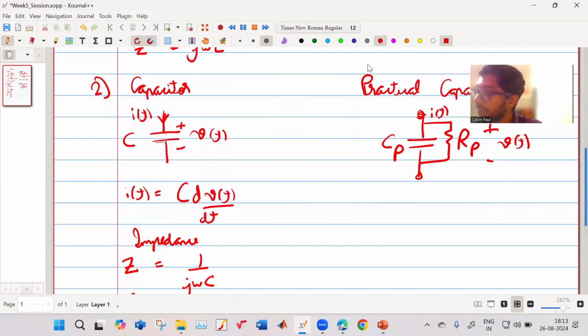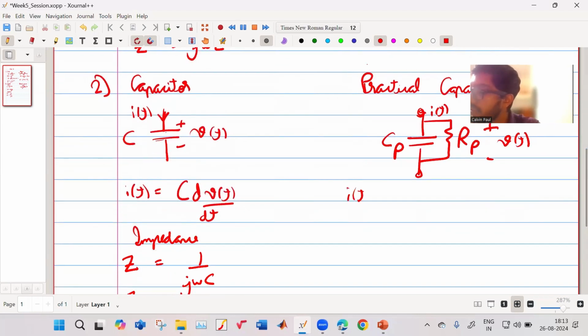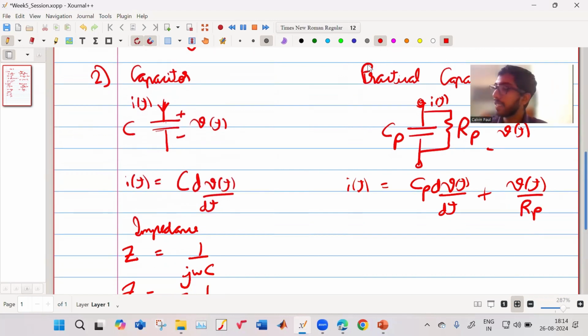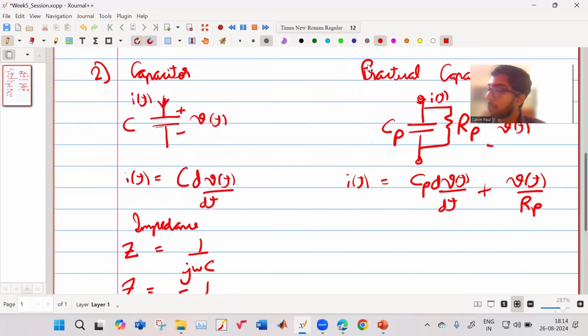So now my I of t is given by Cp into dV of t upon dt plus V of t upon Rp. And the impedance is given by the combination of Cp and Rp.